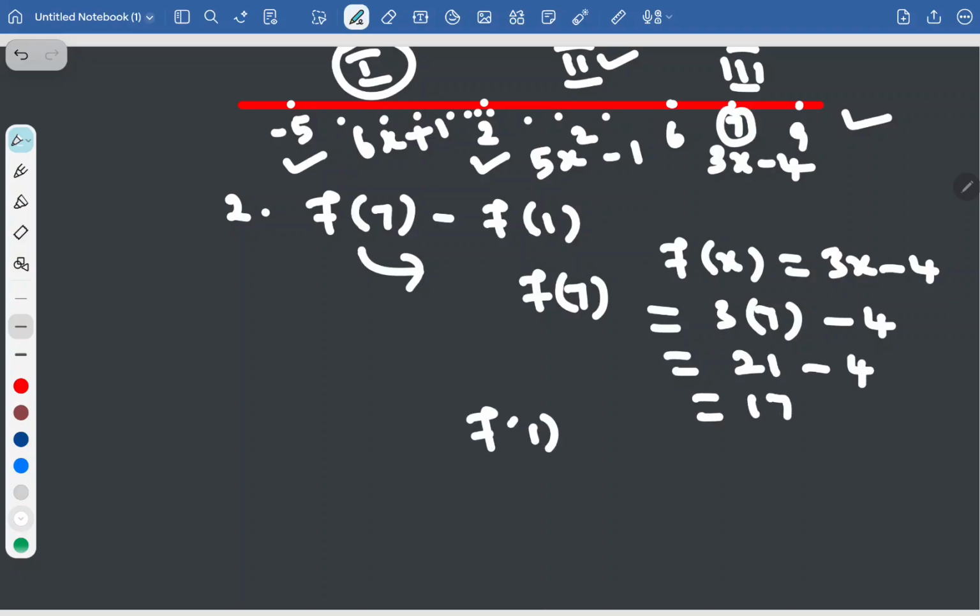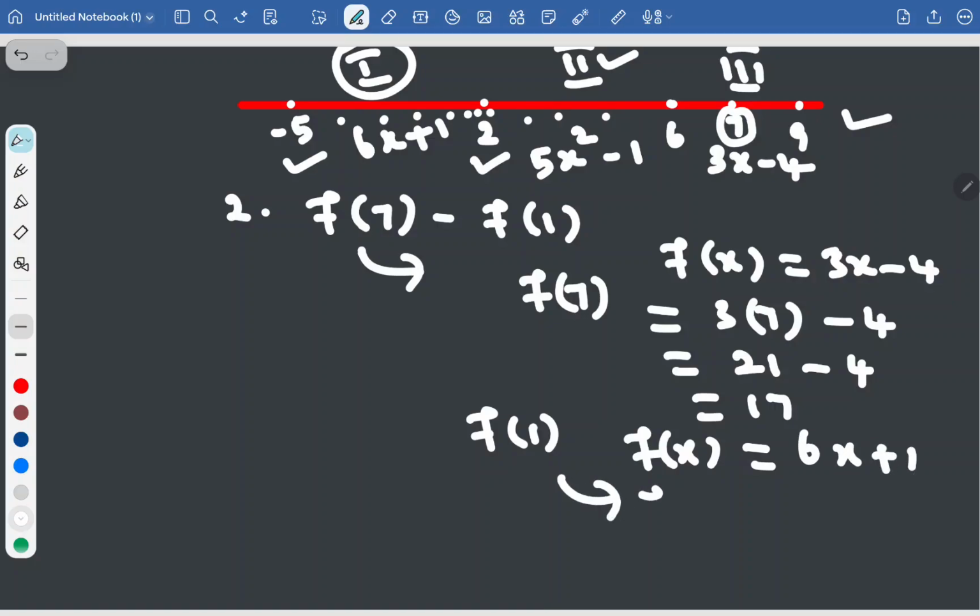Find f of 1. f of 1 means first interval, because the second interval is 2 to 6, but the first interval is minus 5 to 2. 1 lies in the first interval. Here what is f of x? 6x plus 1.